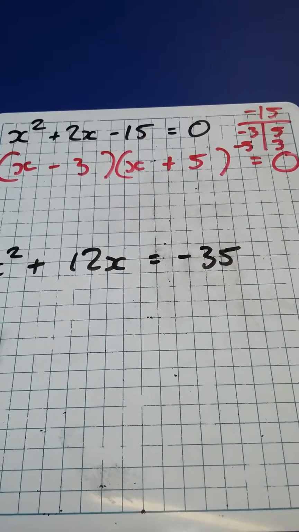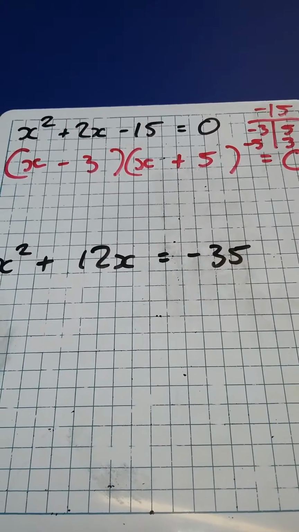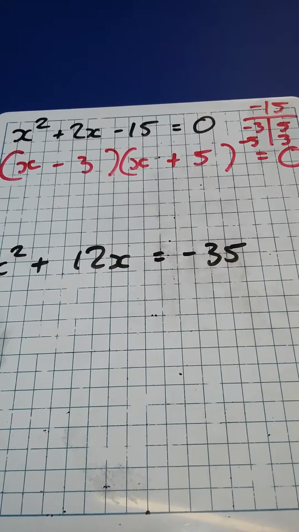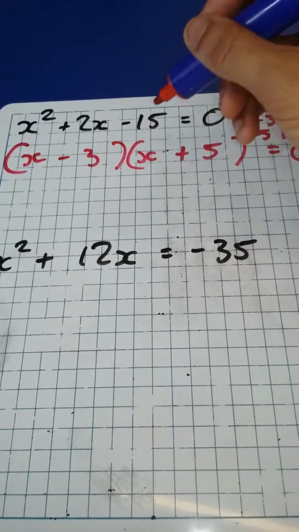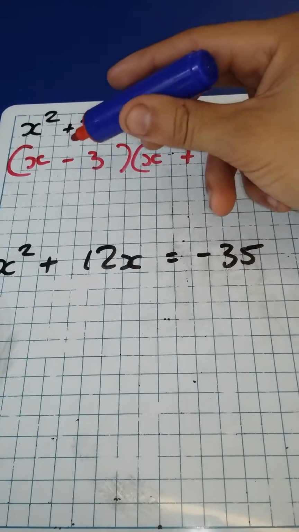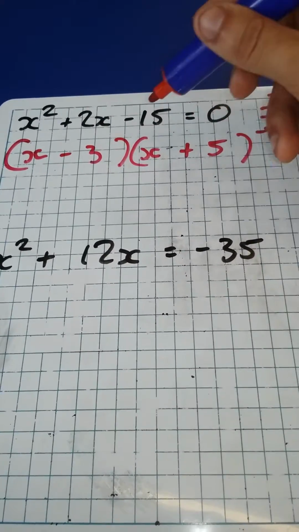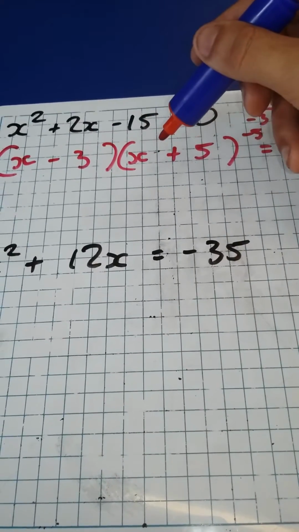Now this is an equation, this is not just an expression. So x has two values, and how we find out those values is by looking at the brackets. Now if the sum of each bracket is 0, that means the equation is equal to 0, because anything times 0 is 0.